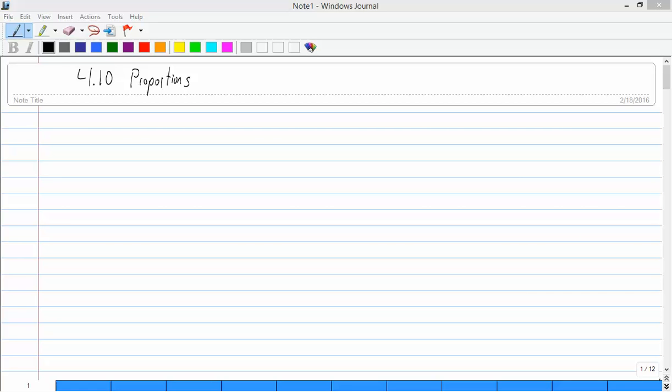Alright, so the last section in chapter 4 is on proportions. So what is a proportion? A proportion measures the fraction of a group that possesses some characteristic.